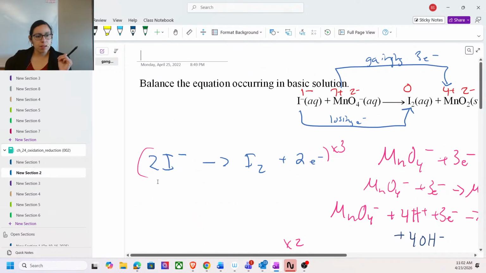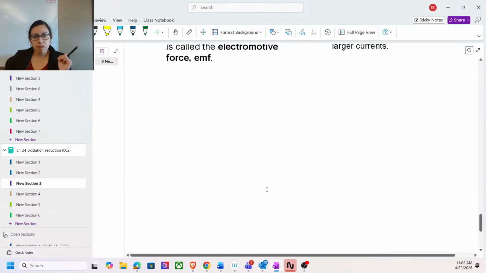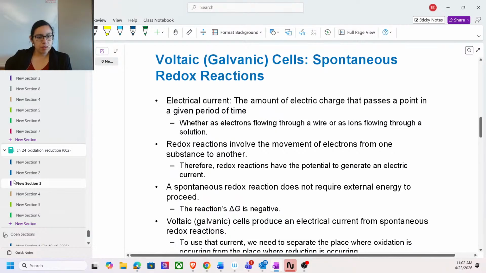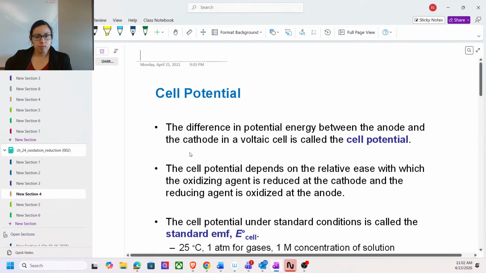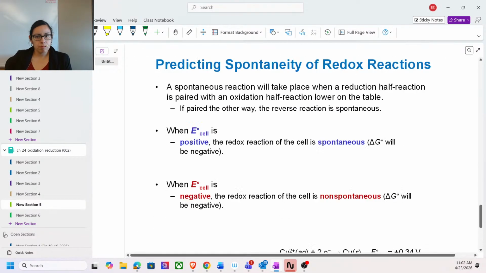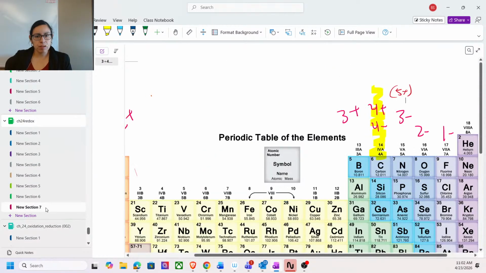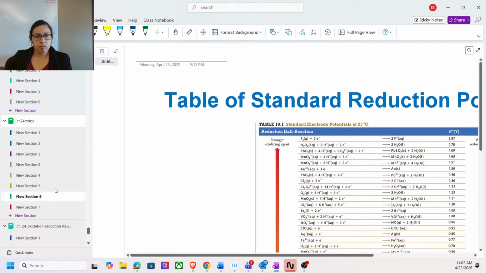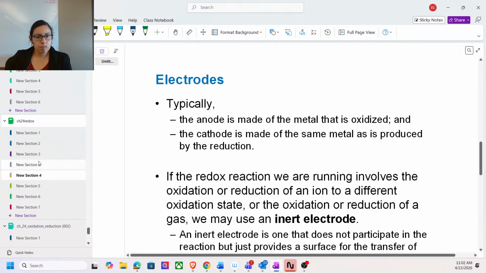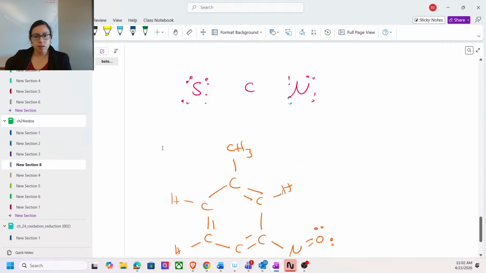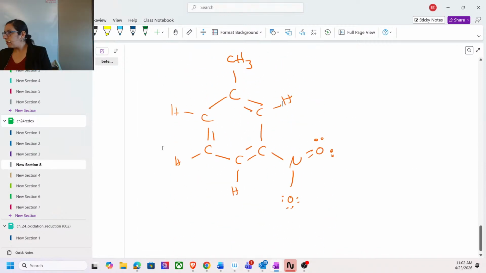Okay, I thought we had left off on something. Where'd it go? Where are my oxidation states? There we go. Okay.